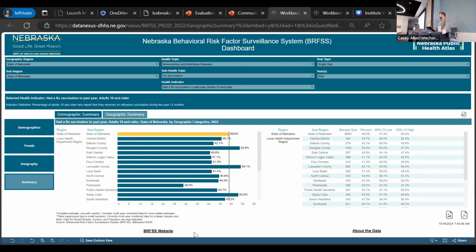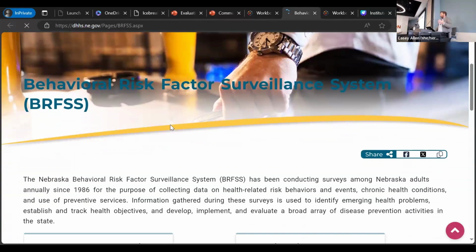There are some additional resources at the bottom here that'll give you more information about the dashboard if you wanted to cite it, or if you wanted to get more information about the actual data sources. You can go directly to the BRFSS website, and this is going to give you information on the BRFSS and how it's conducted within Nebraska.